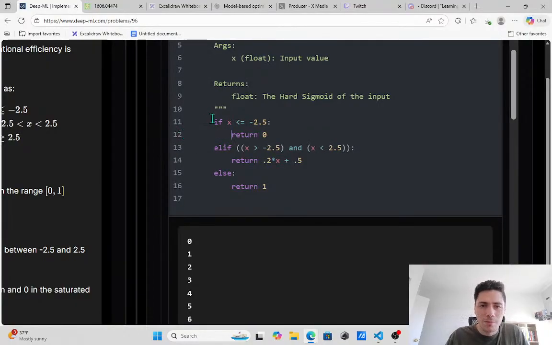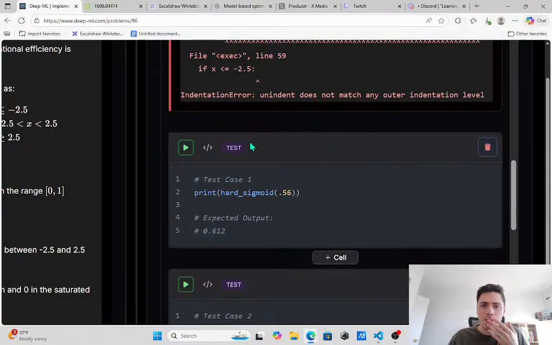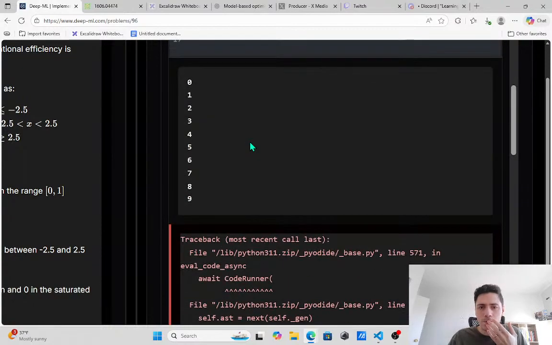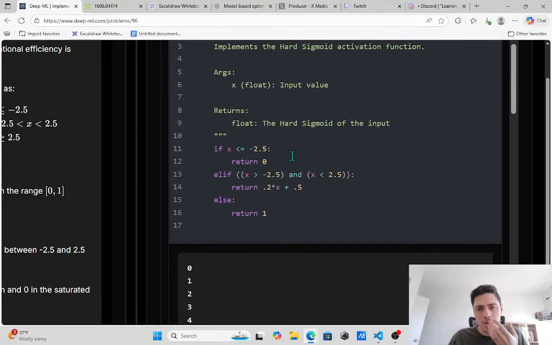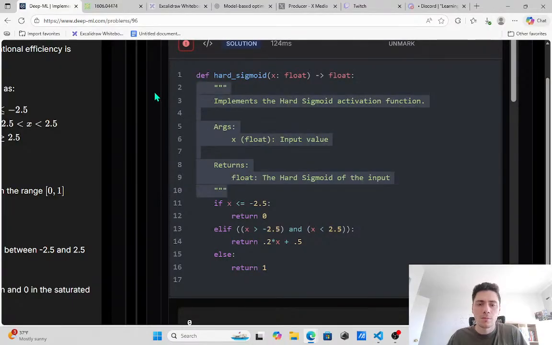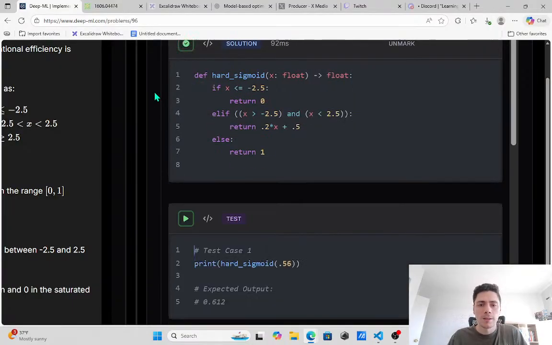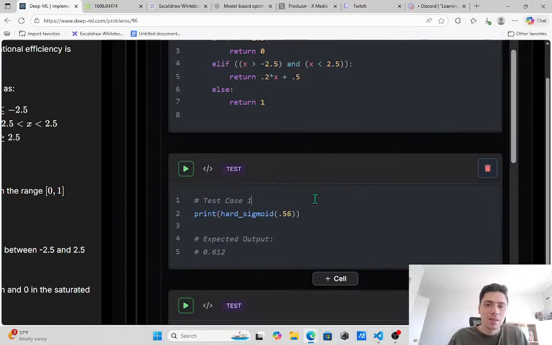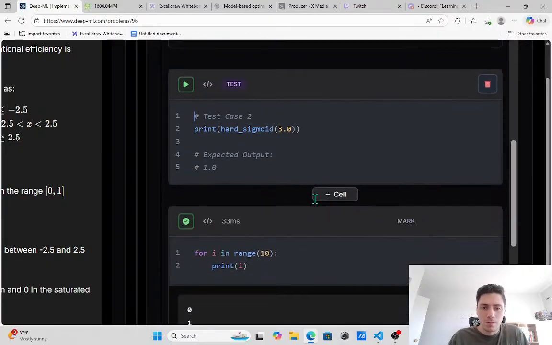Maybe I have to fix that. Okay, I'm going to have to fix the indentation issues because that's always annoying. But in general, we can run this.